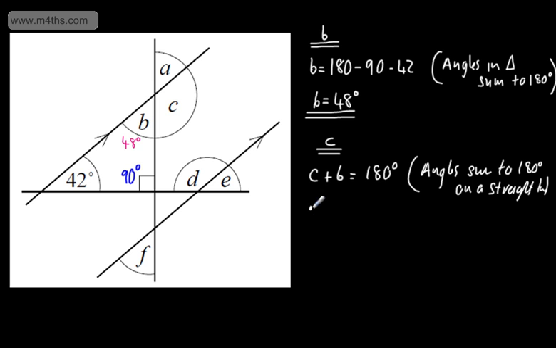I'm going to use the symbol for therefore, which you don't have to, we're going to have now from here that we will have C, so let's write in, C is going to give us now 180 minus 48, what's that, 132. So C will be equal to 132 degrees.